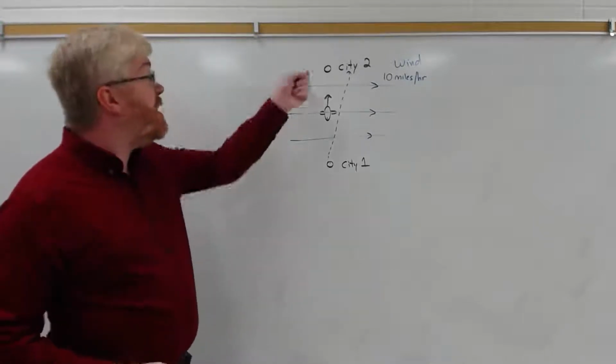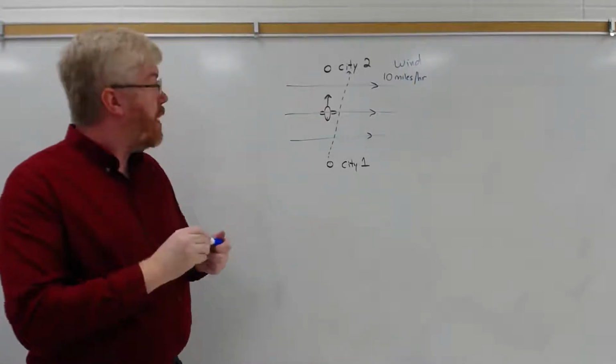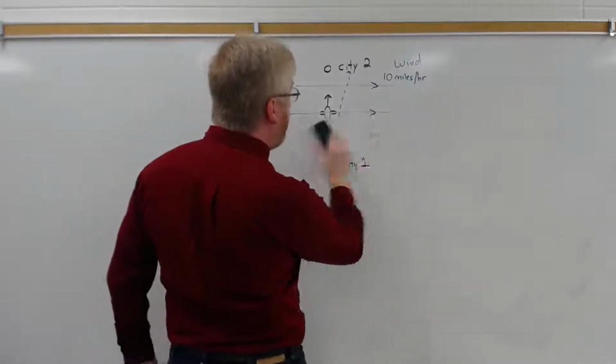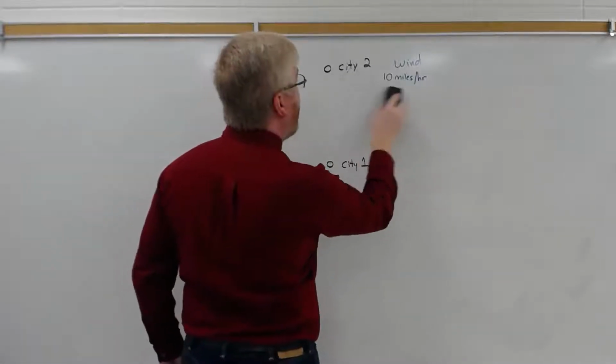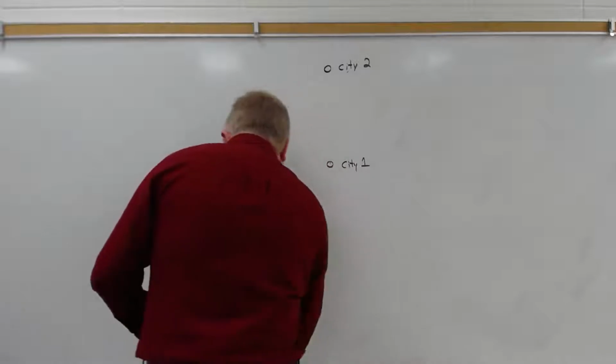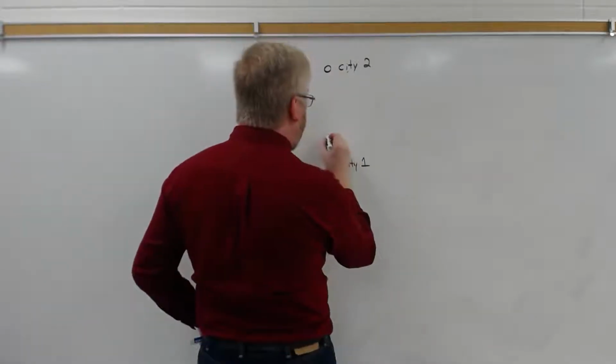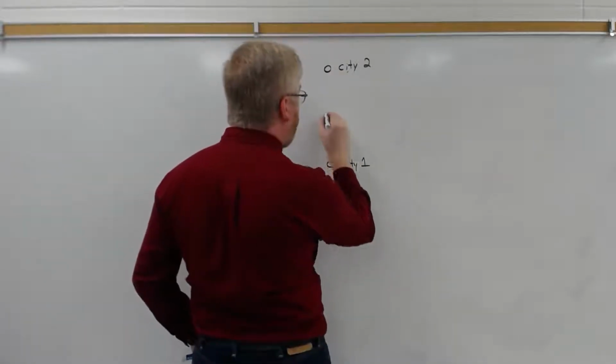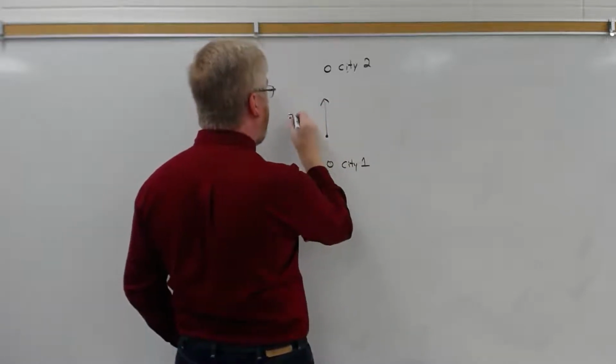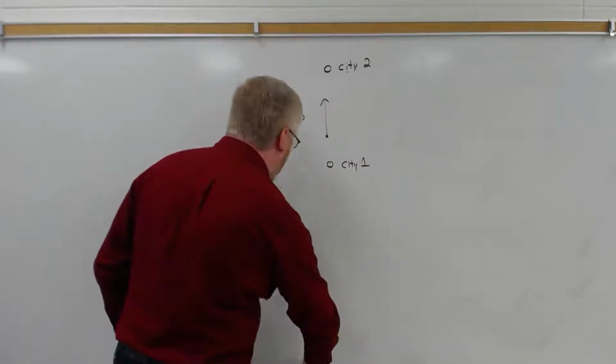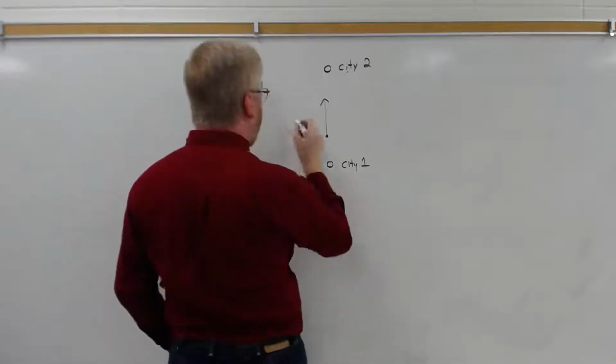We have to add these velocities of the plane and the wind to see what the plane's relative velocity is actually going to be. So if the plane, this little object here, has a velocity of, say, 700. Actually, that's probably way too much for a plane.